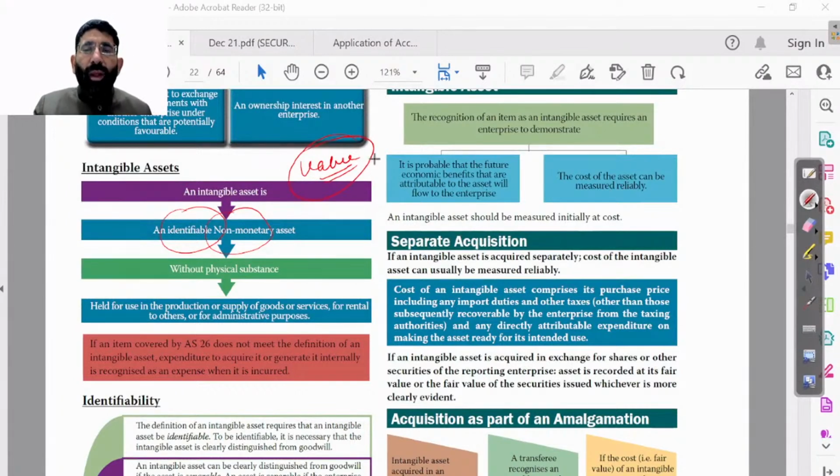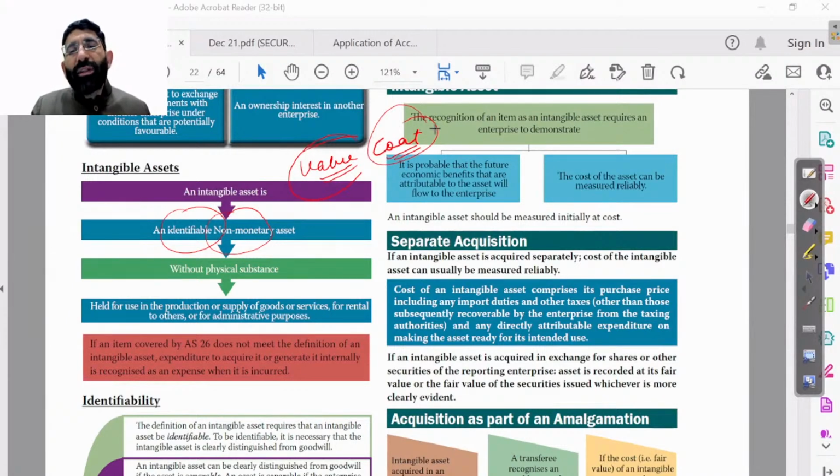For example, I have a coat pant. Now, coat pant price is fixed, but if this coat pant is worn by some sadhu or by some famous personality like our prime minister or a hero, and then it is going to be sold, then this coat pant has a different type of value for different persons.